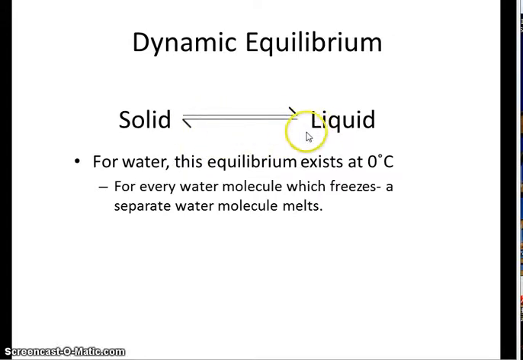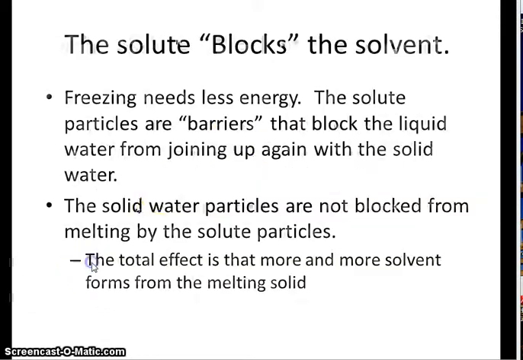And if you've got a solute that you add to any of these solutions, it's going to change the equilibrium. This dynamic equilibrium is subject to change. And so, this solute blocks the solvent. Freezing needs less energy when there is a solute.